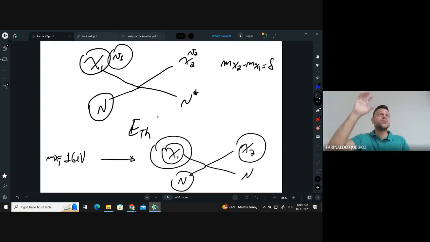And the regions where you could explain the Dama signal and the Cogent signal overlap. And they favor light particles. And people say, okay, but how can you explain xenon is not seeing it? People said, no, but you know, it's a heavier target. It's a heavier target, so you need to be at the tail.